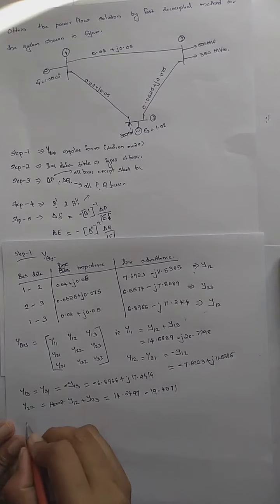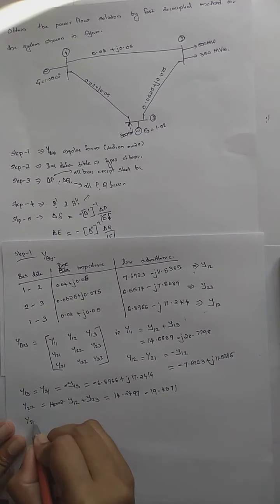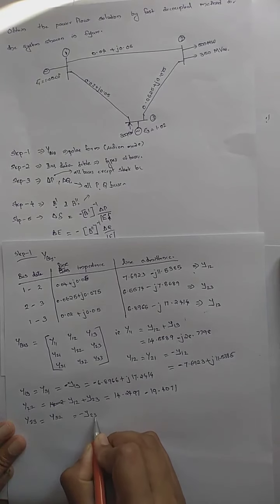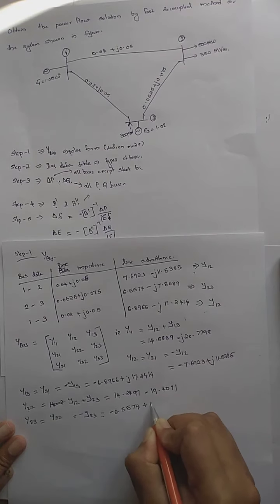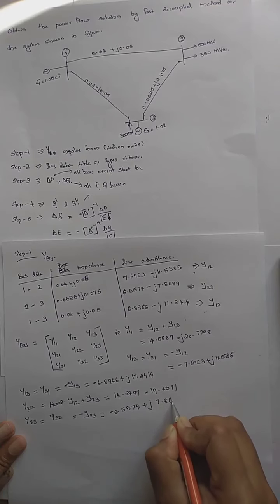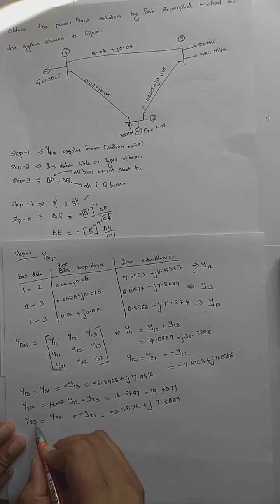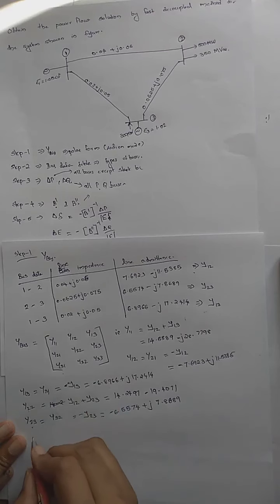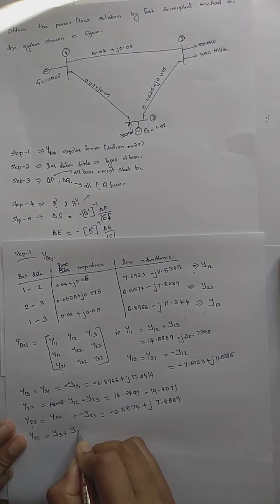Then Y23 we haven't found out yet. Y23 is equal to Y32, that is equal to minus of Y23, that is minus 6.5574 plus j 7.8689, and Y23 we have found out. Then Y31 we already have, Y32 we have now, and the final one, Y33, is equal to Y13 plus Y23.